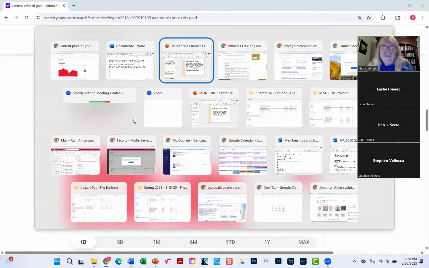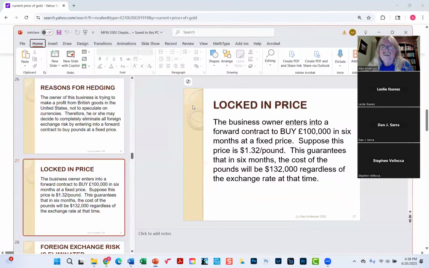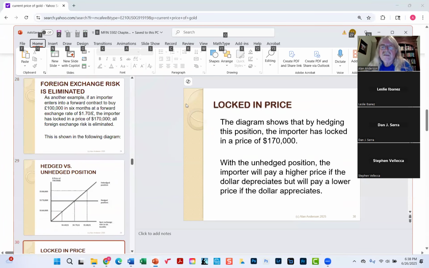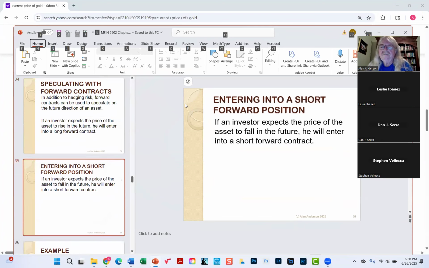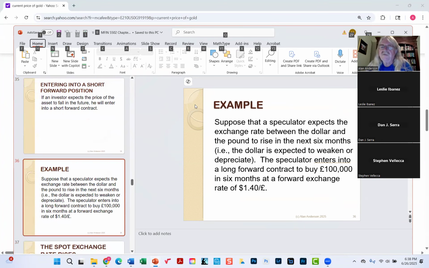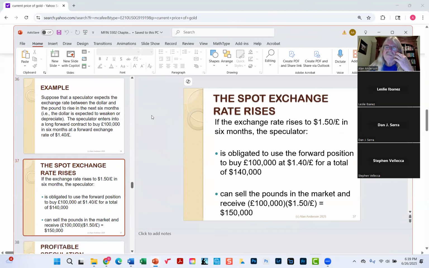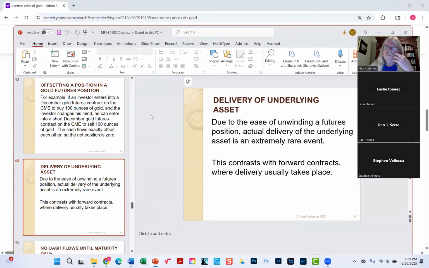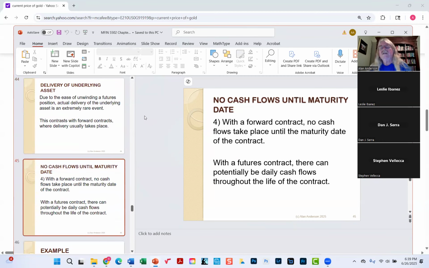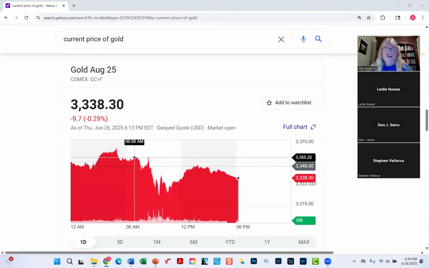All right, let's see what else differs between these two. Well, the whole logic behind hedging in the first place is the same for options and futures. I mean, not for forwards and futures. Oh yeah, the delivery. I just want to remind everyone about that.